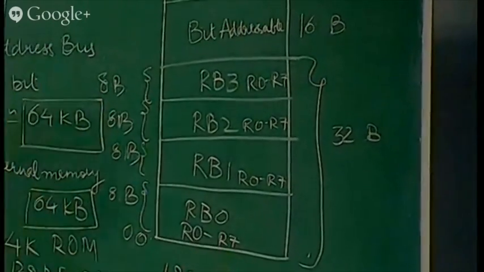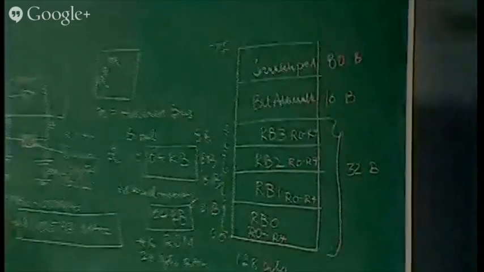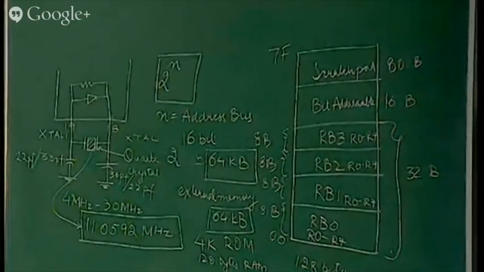So another 128 bytes are mapped for special function registers. जो हम special function registers की बात कर रहे थे ना, register accumulator, B, etc. So that memory is reserved for that also.